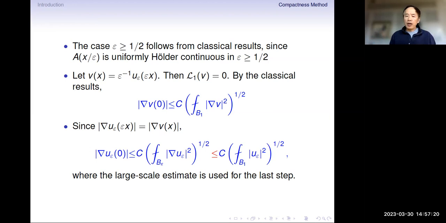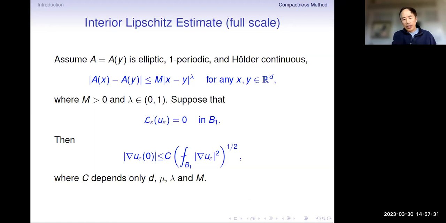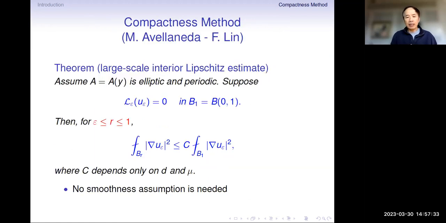The large scale estimate is used in the second inequality, that red inequality. Going back here, the lowest we can go is R equal to epsilon, and we just use that inequality with R equal to epsilon. The average over B epsilon is controlled by the L2 average over B1.